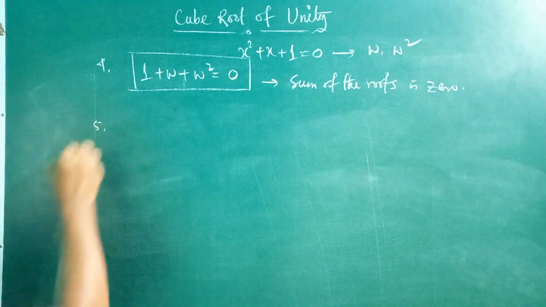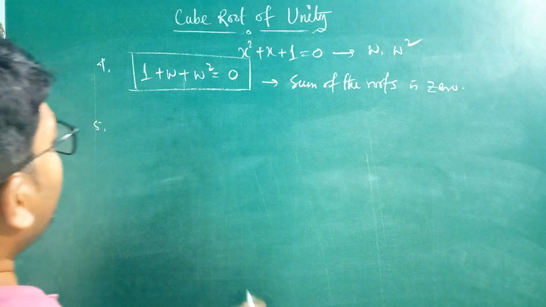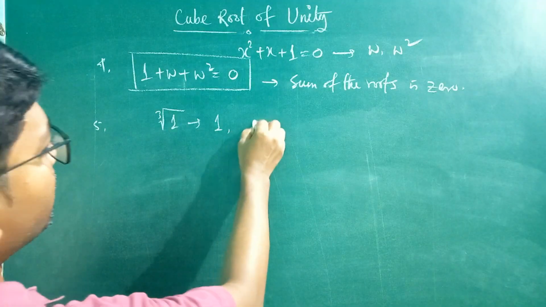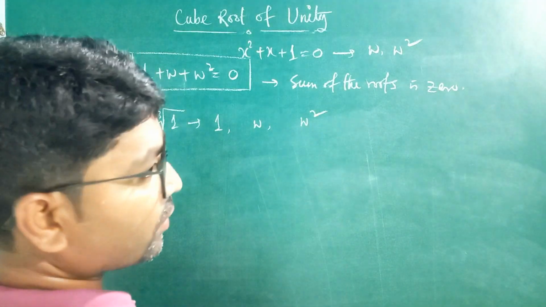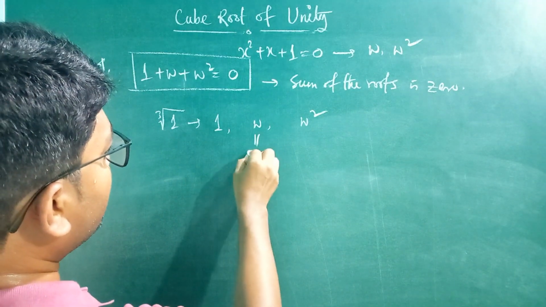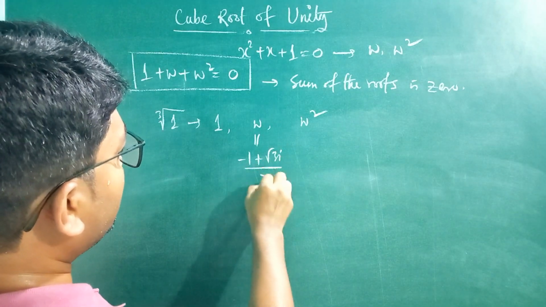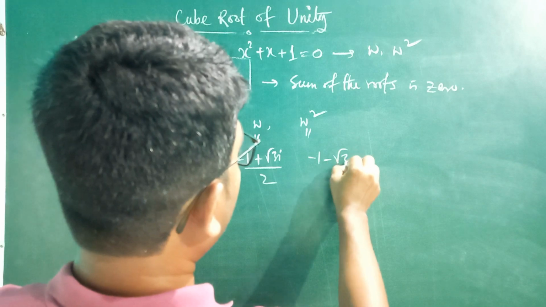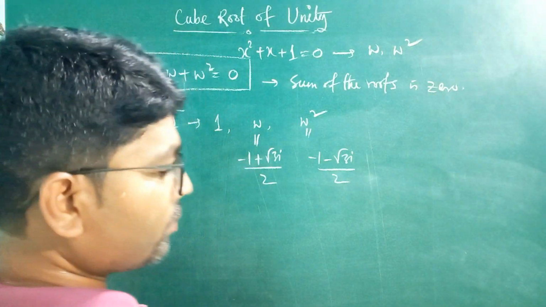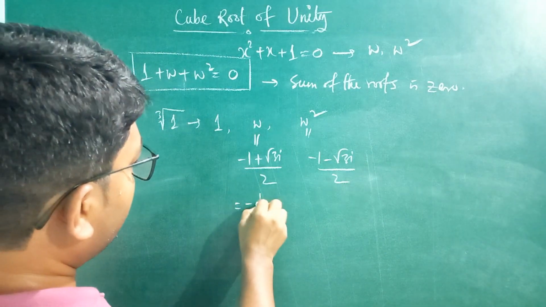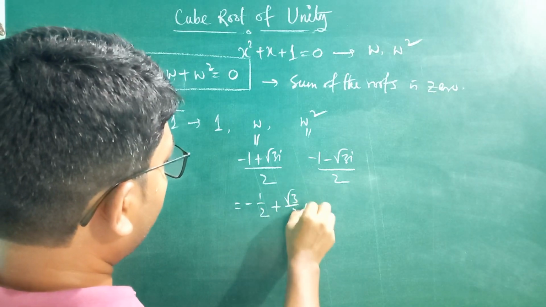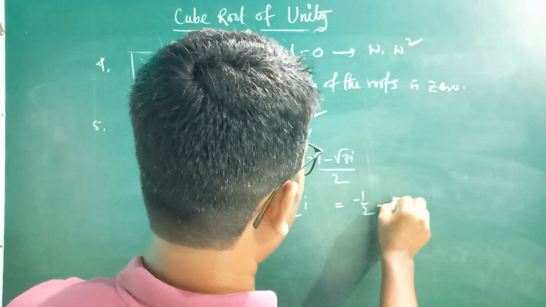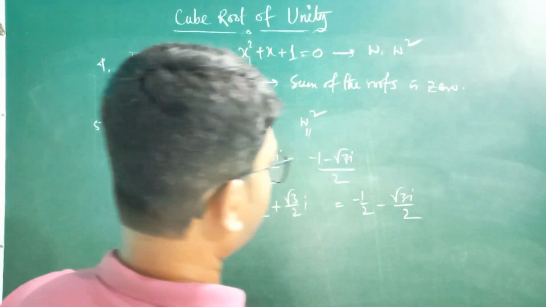Number 5. So our cubic roots of unity, you get 1, you get omega, and you get omega square. And what is our omega? Omega means minus 1 plus root 3i by 2. And what is our omega square? Minus 1 minus root 3i by 2. You can write them as minus half plus root 3i by 2, and minus half minus root 3i by 2.